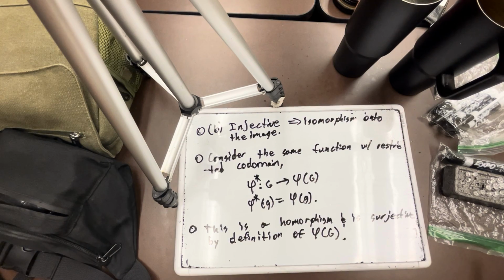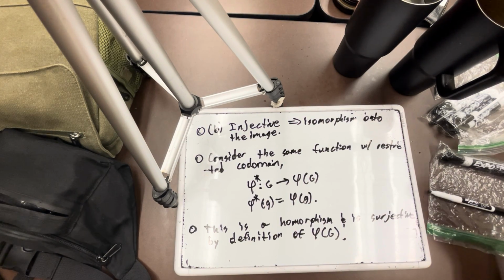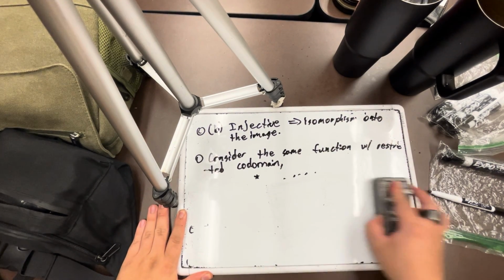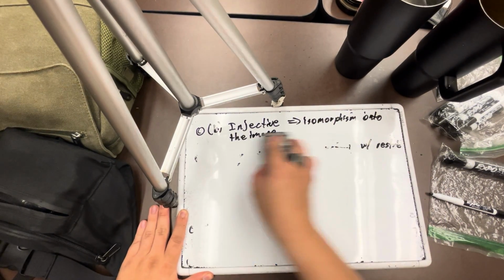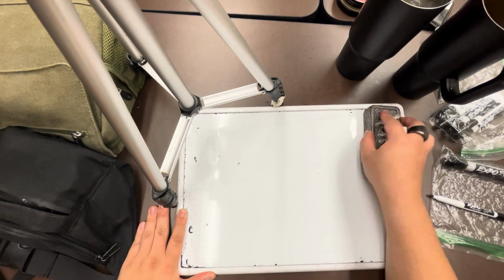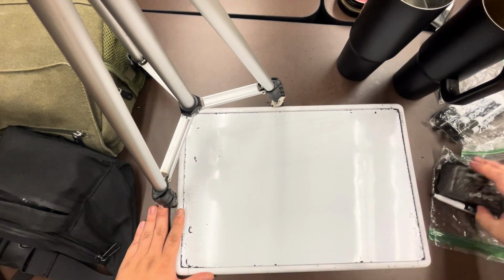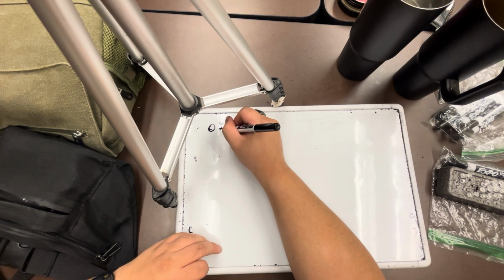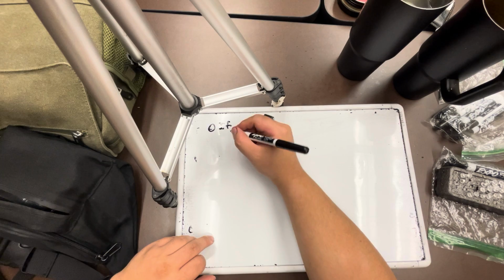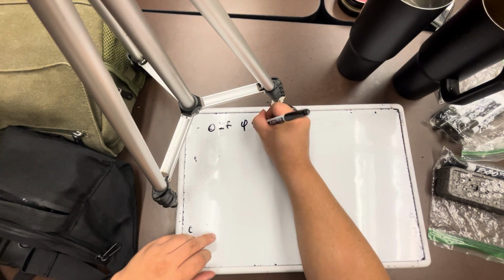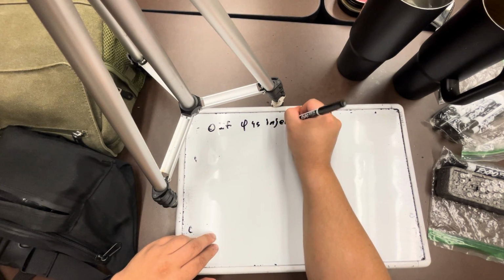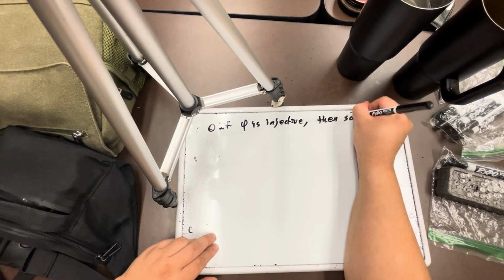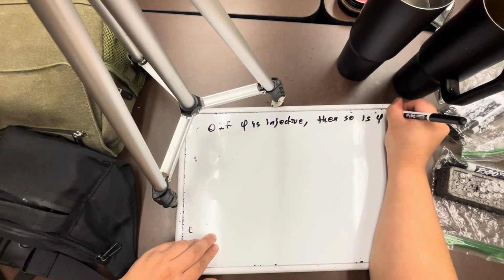All right, so now let's take a step back, and then we'll see about bijective here in just a moment. Well, okay, we'll see about this entire thing in a moment. So, if phi is injective, then so is phi asterisk.